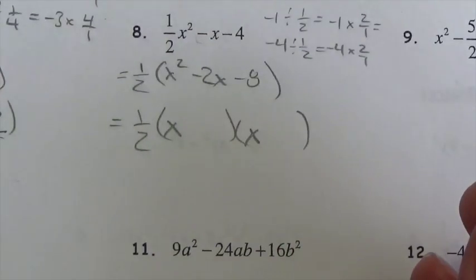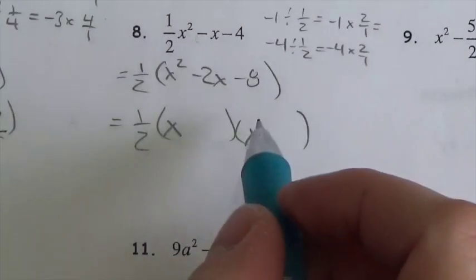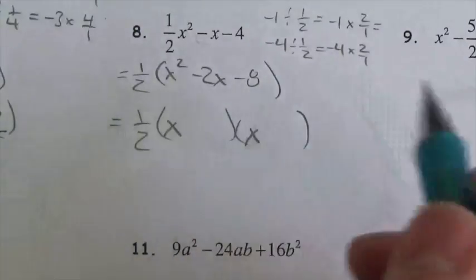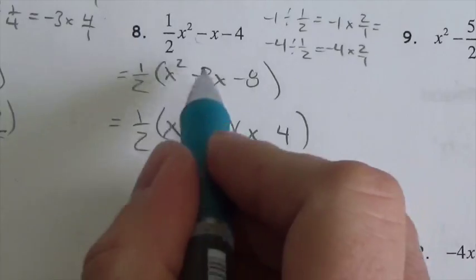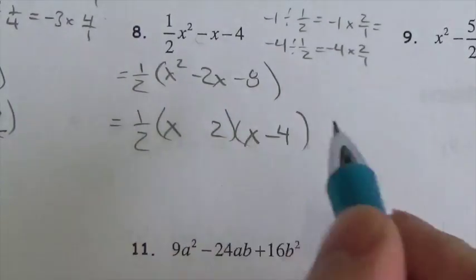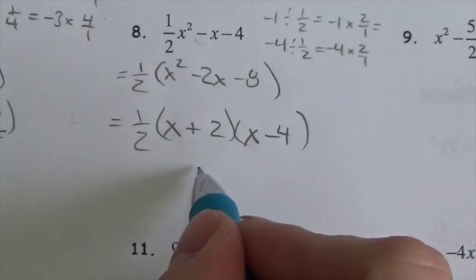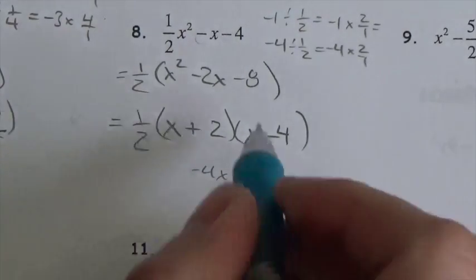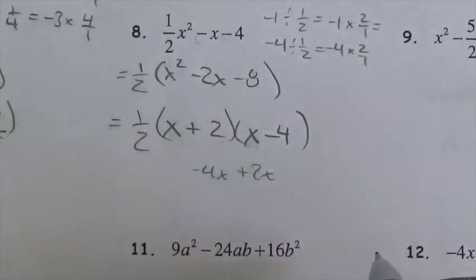Fortunately, 8 only breaks up into a couple of pairs, 2 and 4 and 1 and 8. But I can see right now that the answer's got to be 2 and 4, because I'm looking for a negative 2 there. I want the larger value to be negative, the smaller one to be positive. When I multiply those out, I will get negative 4x, middle term plus 2x, and when you add those together, that's where that negative 2 is coming from. So yeah, there we go.